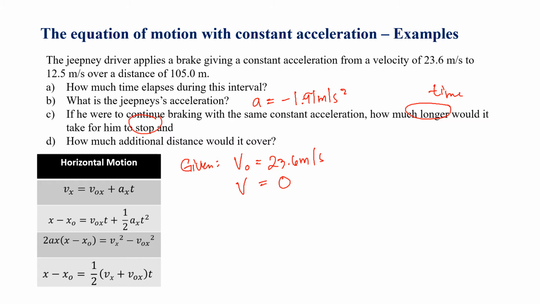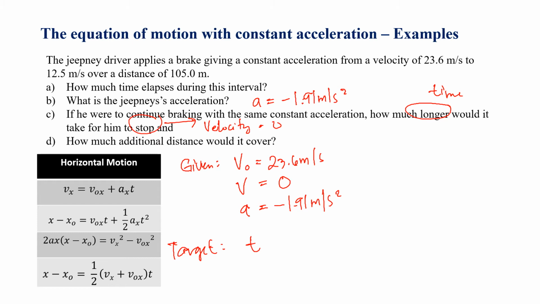When we are talking about stopping, this means that your velocity is equal to 0. So your final velocity is 0. And we're still given the same acceleration of negative 1.91 meters per second squared. Here, our target variable is the time it would take for the jeepney to stop.